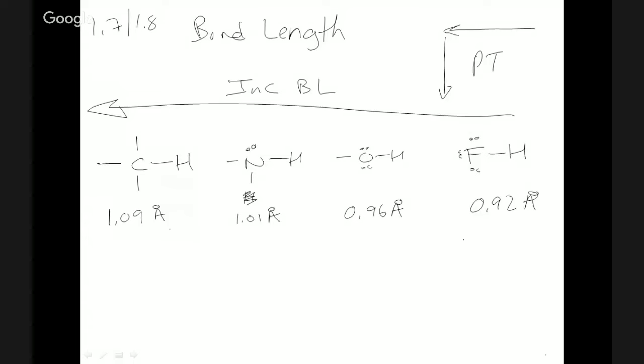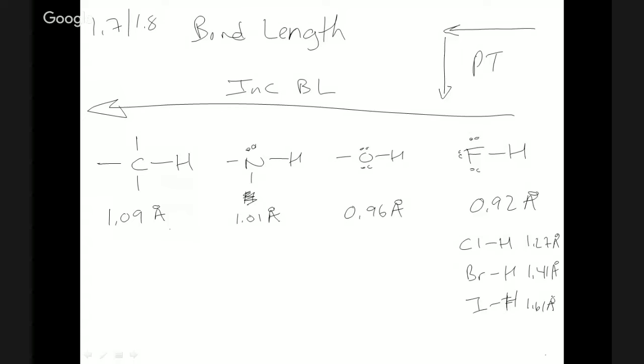And we can go down this list now and look at Cl. I'm going to leave off the lone pairs. There's 3 lone pairs on all of these. Cl, Br, and I, H. And if you look at these numbers, it's 1.27 angstroms, 1.41 angstroms, and 1.61 angstroms. And we'll see again, the size of the atom is getting larger.